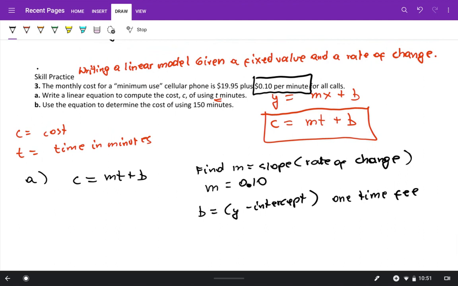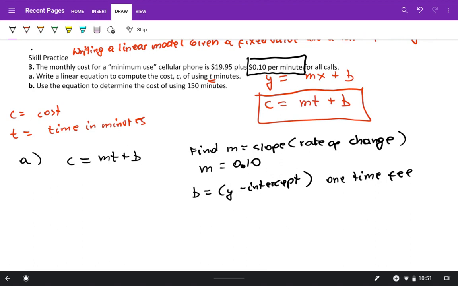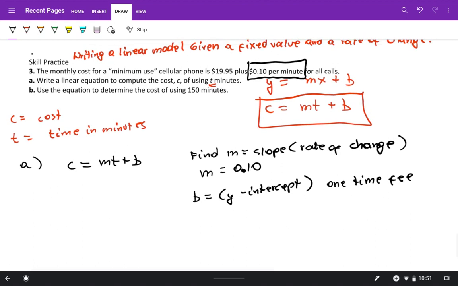That's how much you used to pay monthly for your phone, plus 10 cents for each minute of phone calls which you made. So b, which is the y-intercept, the one-time fee, will be $19.95. Just remember that the y-intercept in word problems is always that one-time charge, one-time fee.